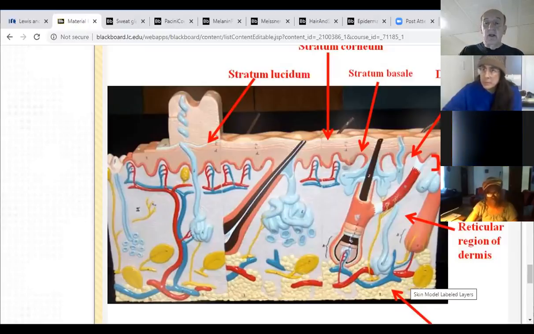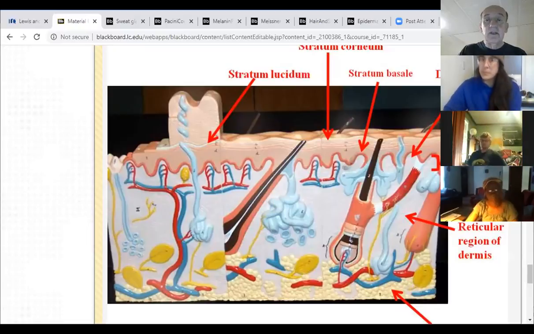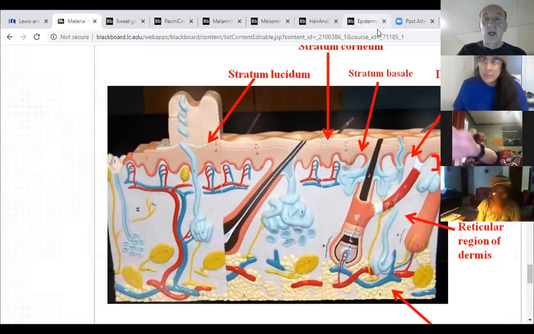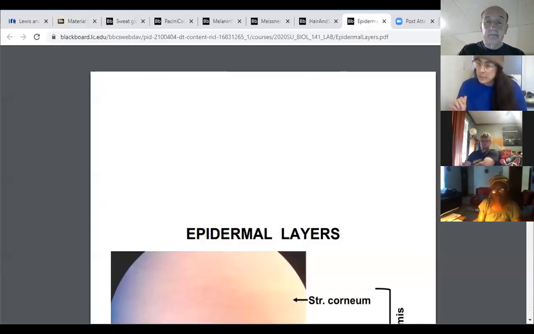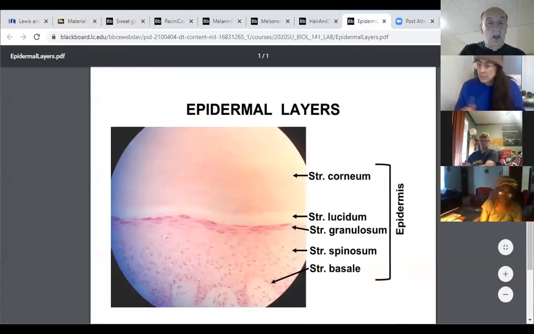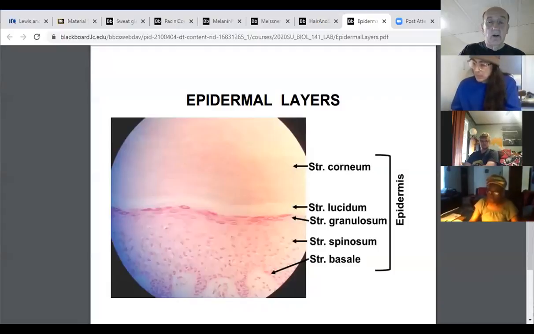When we look at a microscope slide of the epidermis, and again, I'm going to project this from the lab shell, this is titled Epidermal Layers. And here you can identify all the cell layers, all the strata.